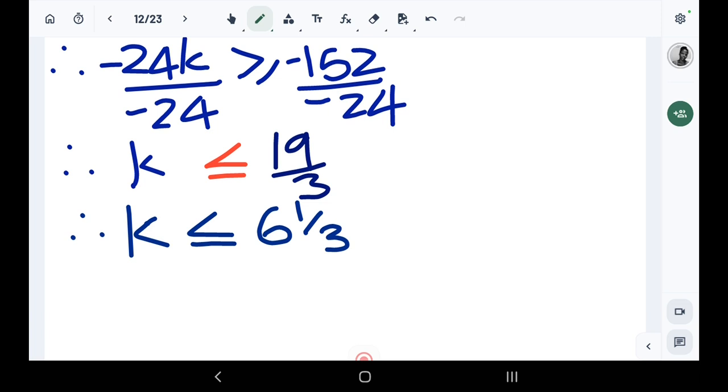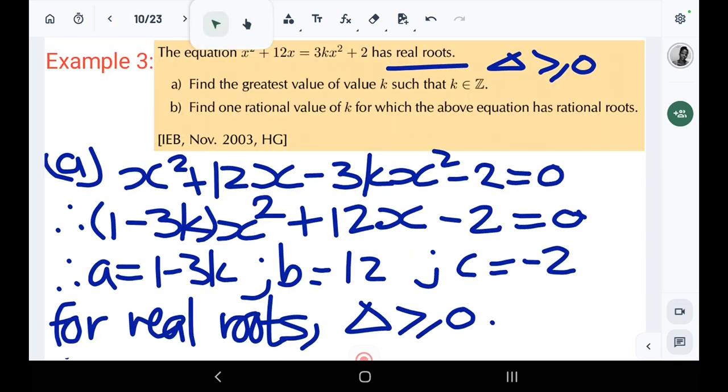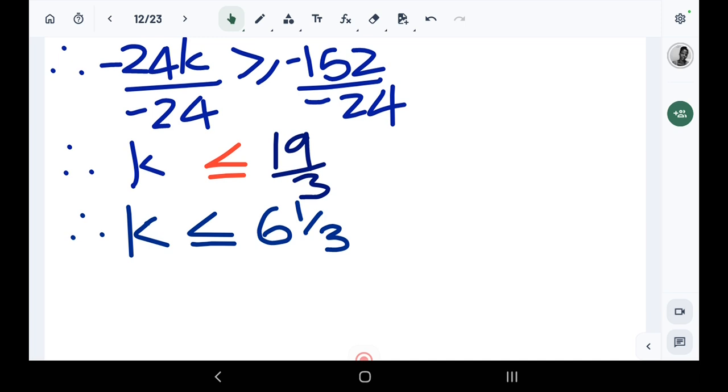Now, let's go back to the question. The question was, find the greatest value of k such that k is an integer and the equation has real roots. Now this k is not an integer, it's a fraction. So the greatest value of k that is an integer will definitely be 6.